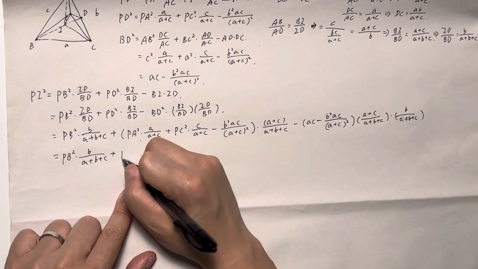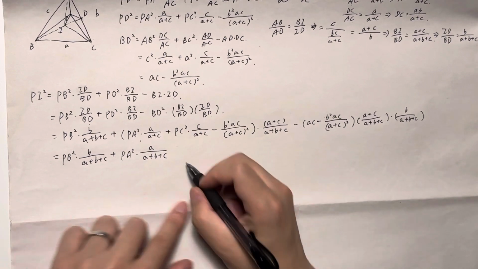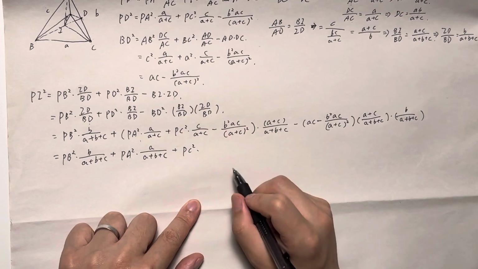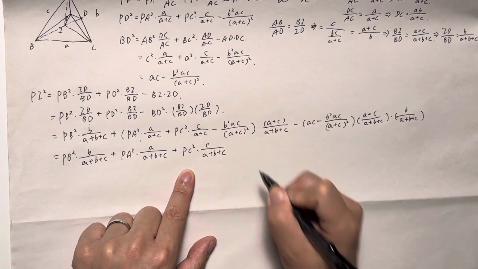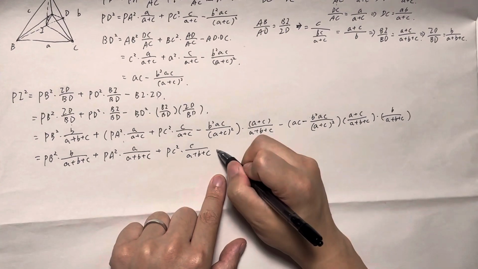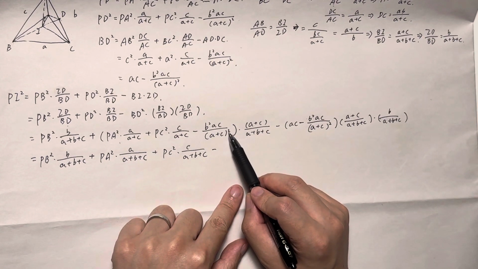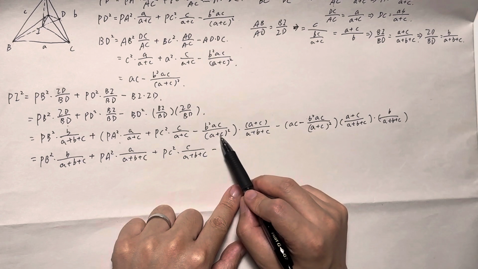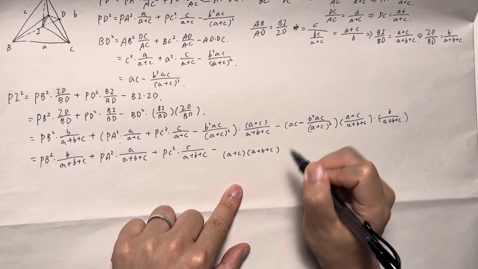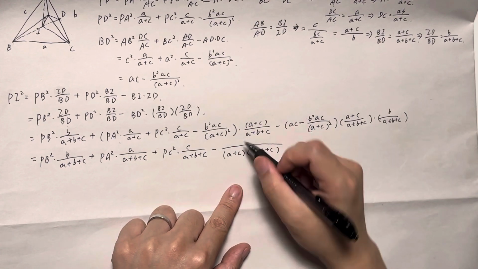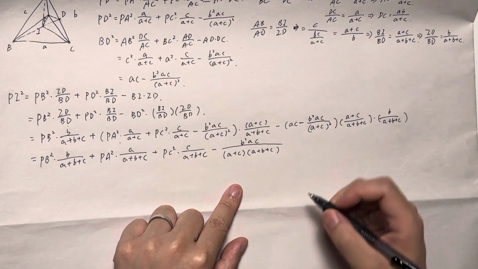So we got PA squared times A divided by A plus B plus C plus PC squared times C divided by A plus B plus C, and minus A plus C, just cancel one A plus C here, so we have A plus C times A plus B plus C, and we got B squared AC left, right?